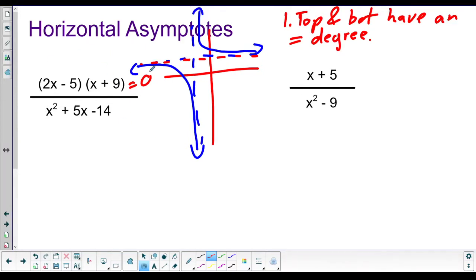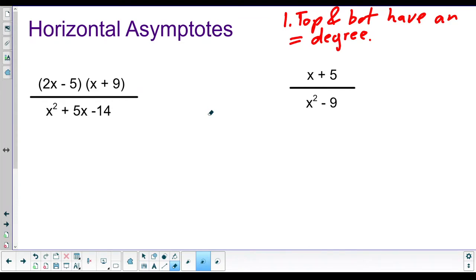So let's look at this first example here. Sorry, let me erase this graph. All right. So we want to know what's the degree of the top of this. You could FOIL this whole thing out, but it's really easy to tell the degree by just counting the number of x's in these terms. 1, 2. So if I multiply these together, 2x times x, you're going to get 2x squared.